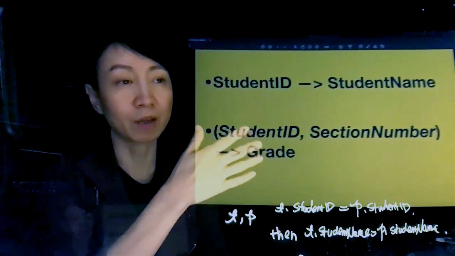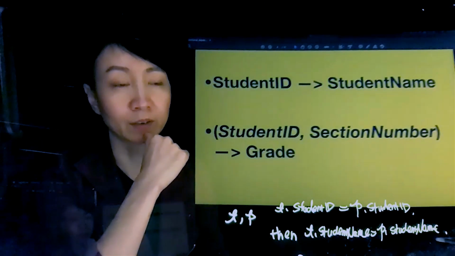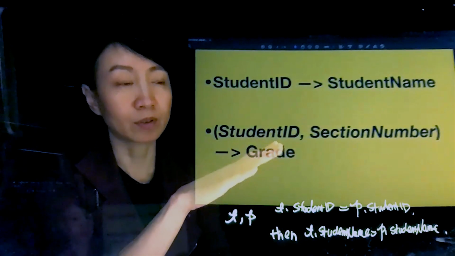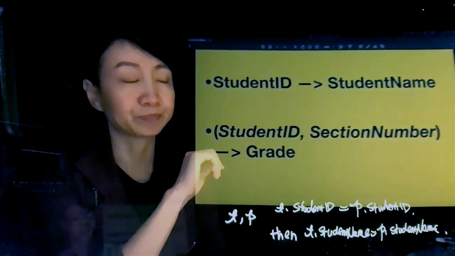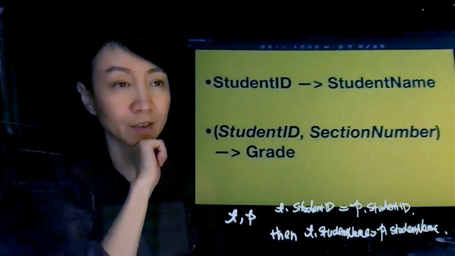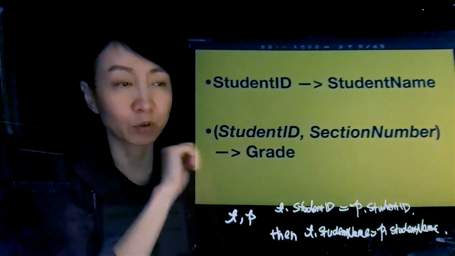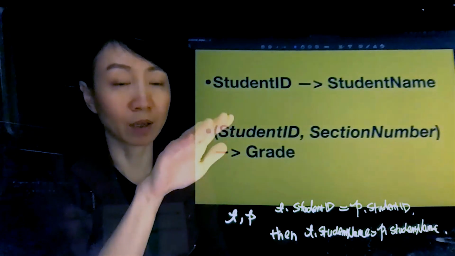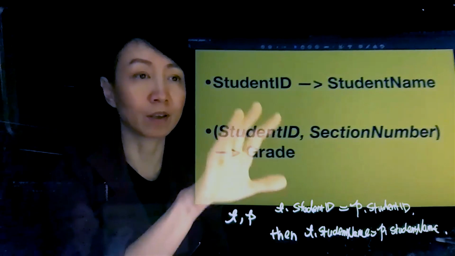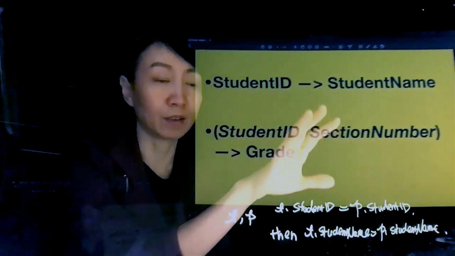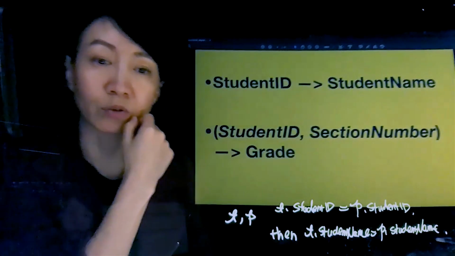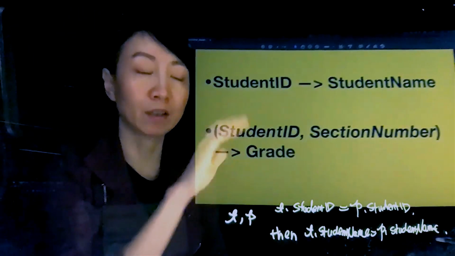Class name may not be able to determine your grade along with the student ID. So here we specify the section number. Section number with the student ID together, this set of attributes can determine a grade. This grade is specific to your ID and one section on your transcript, which makes sense, right? So this FD is true.